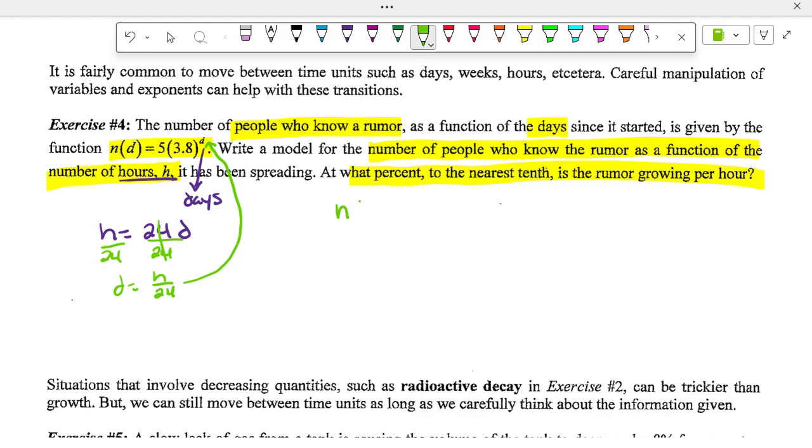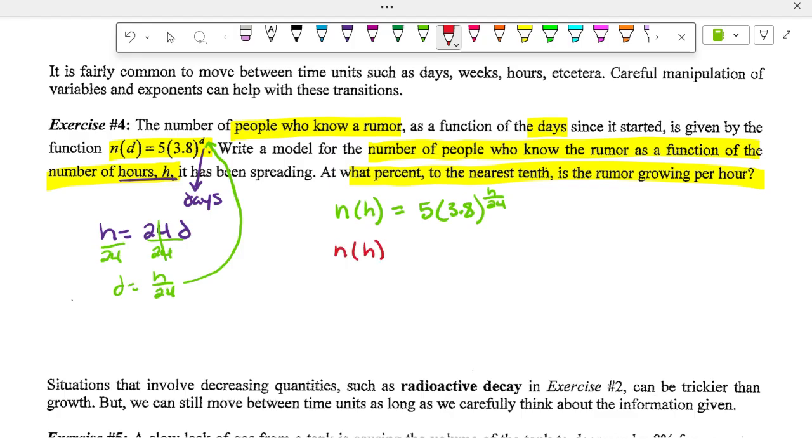So I now have N of H, so I want in hours, is equal to 5 times 3.8^(H over 24). But we're not done because remember we need to find the new growth factor. So to do that, we got to separate the H over 24 into a fraction and H. So if we divide by 24, the same thing as multiplying by what? 1 over 24.